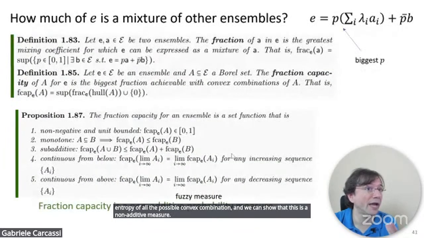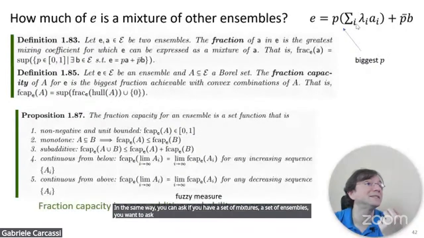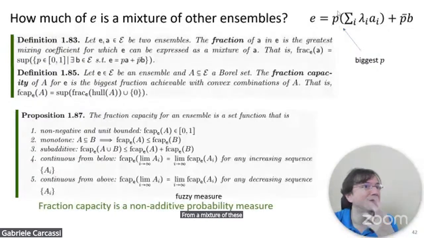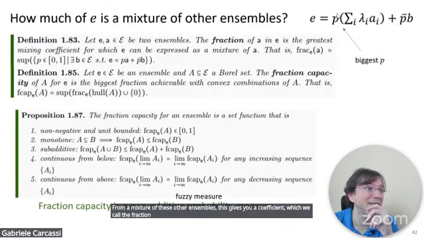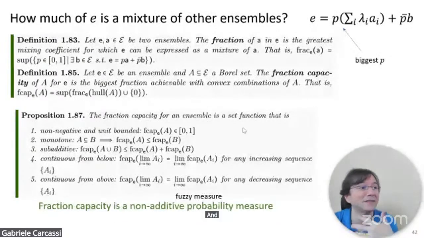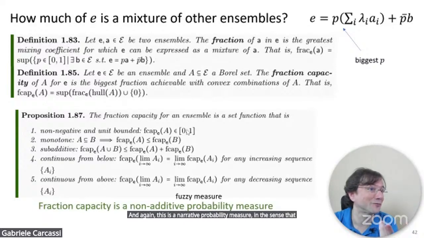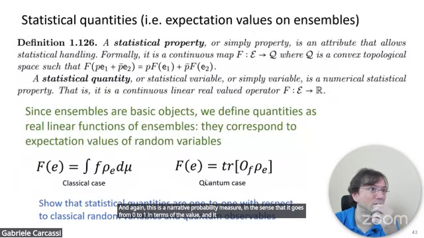In the same way, if you have a set of mixtures, a set of ensembles, you can ask what is the biggest part of this ensemble that I can get from a mixture of these other ensembles. This gives you a coefficient, which we call the fraction capacity. And again, this is a non-additive probability measure in the sense that its value goes from 0 to 1, and it's 1 for the full space.